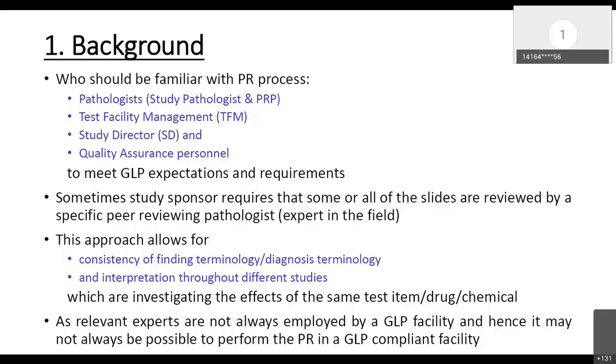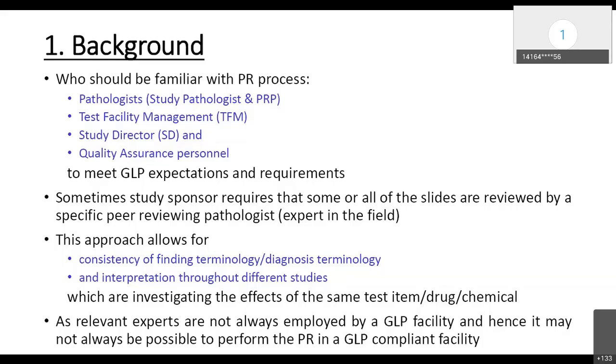So the sponsor knows that if there are any changes related to a particular organ system, then peer review pathologists should be accordingly identified and appointed to conduct the peer review examination. By doing so, it will allow consistency of findings and diagnostic terminology used in the study, and also the interpretation throughout the study would be consistent.